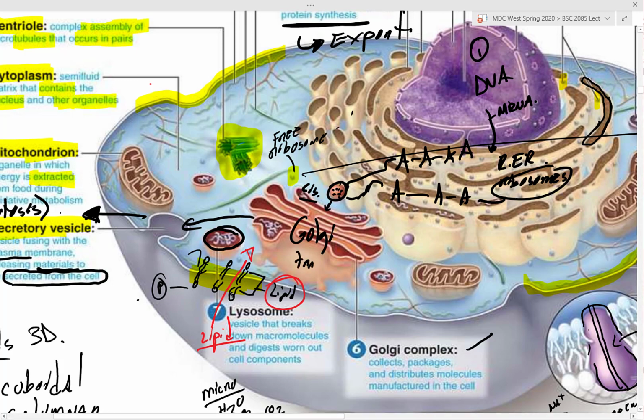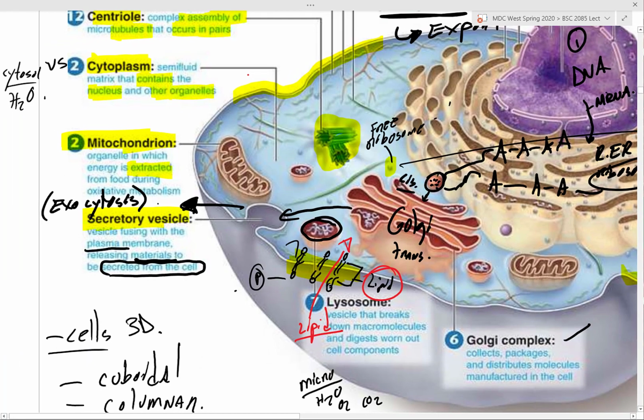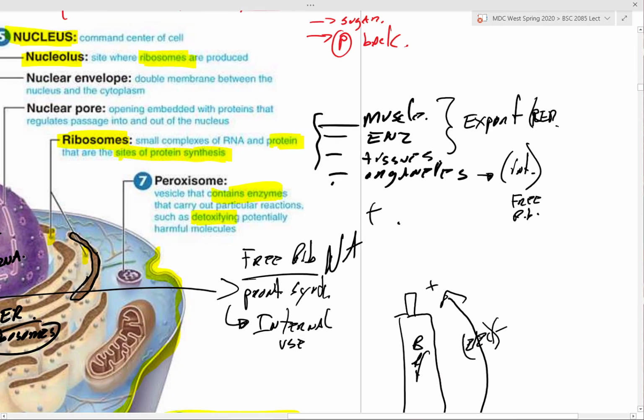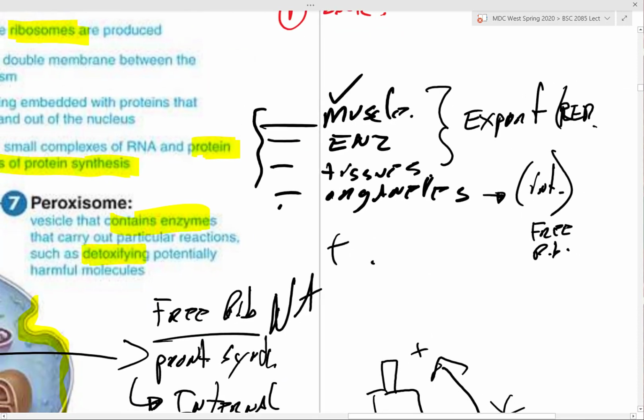The Golgi is gonna put them all together, assemble it into something that makes sense, okay? And then it's gonna go into a secretory vesicle that is going to allow for things to get out of the cell. To make what? I don't know, whatever it is that you wanna make, right? A muscle, an enzyme, a tissue, whatever you wanna use that protein for, okay?